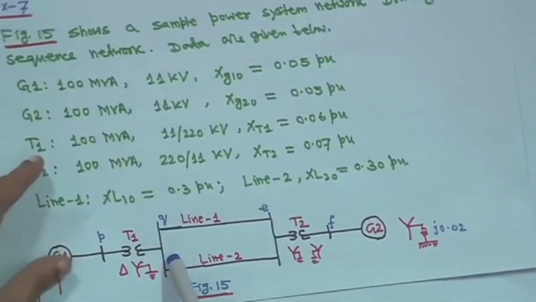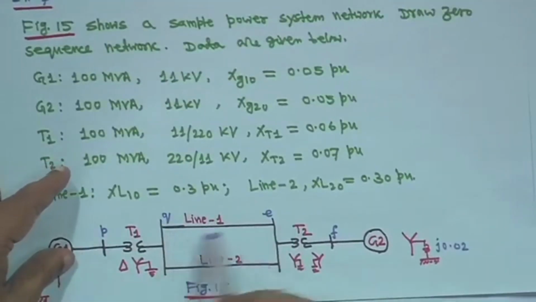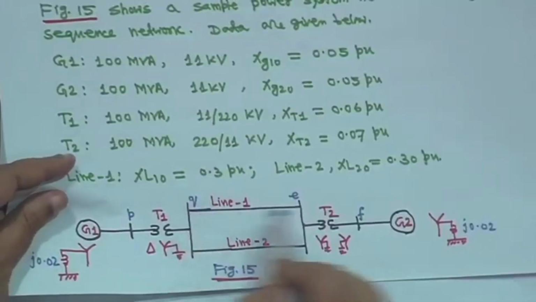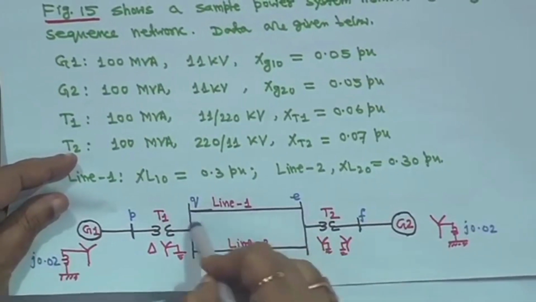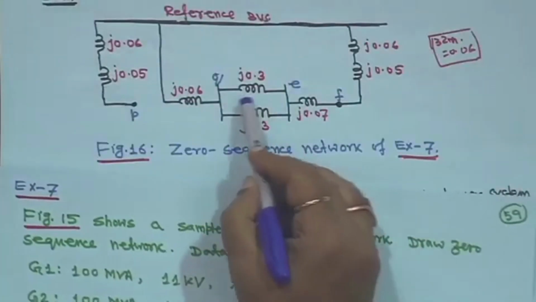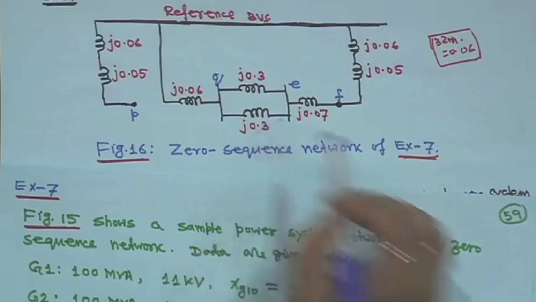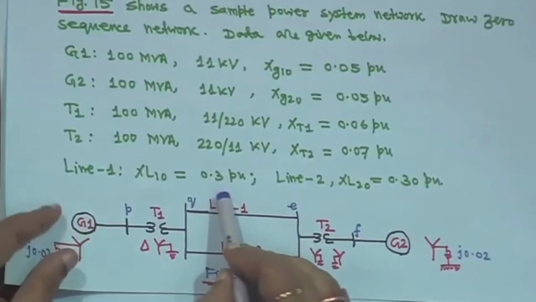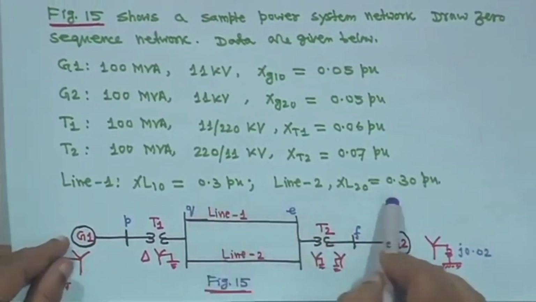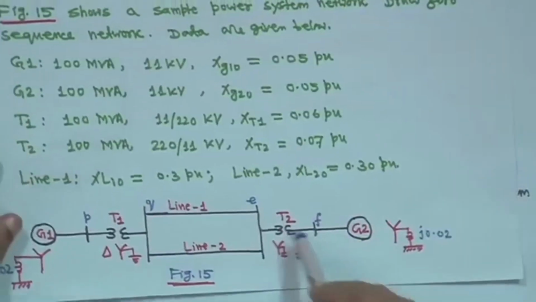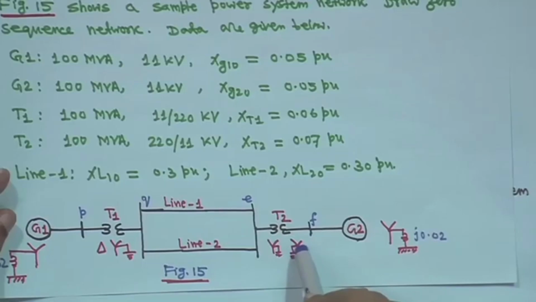After this there is a double circuit line, so you draw two parallel circuits. Line 1 is between Q and E, and in between there are two parallel lines, each j0.03, both equal, as given.